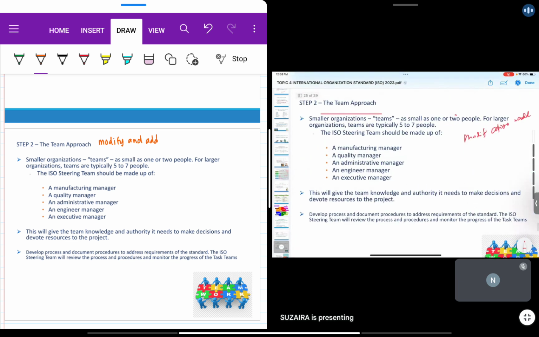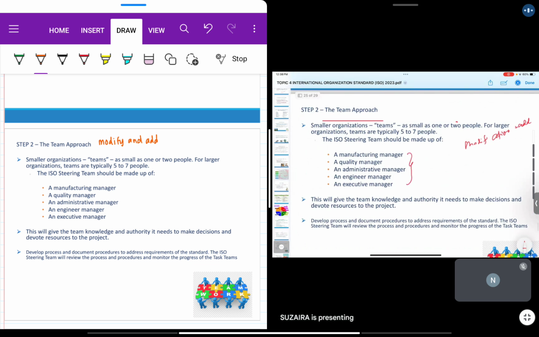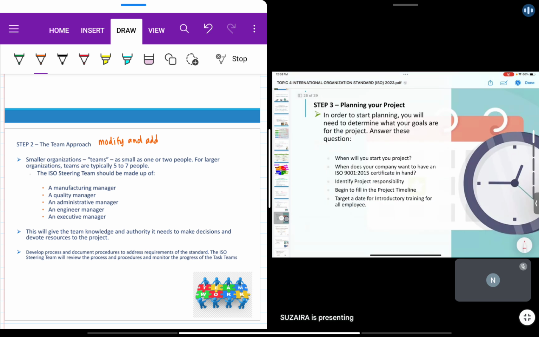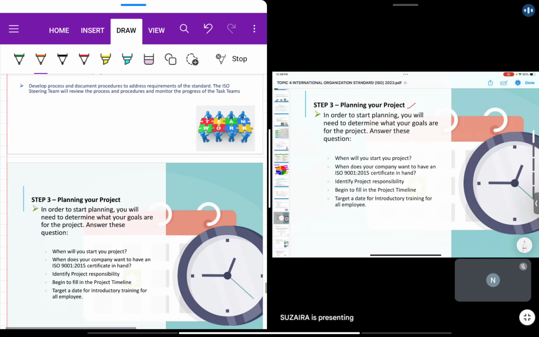Okay, so you need a team that consists of these departments, because they will give ideas towards the improvement of the quality of the products. Okay, step number 3, you plan the project.